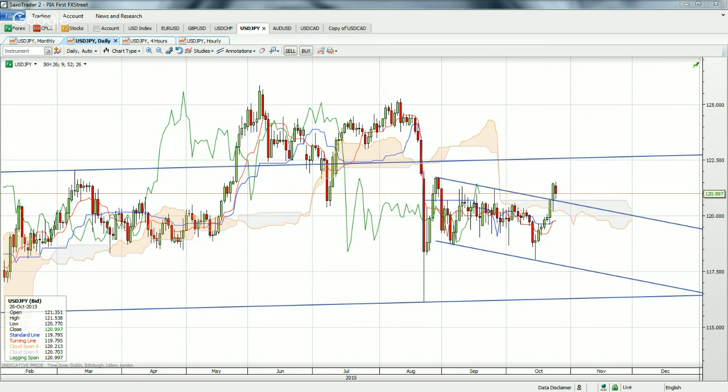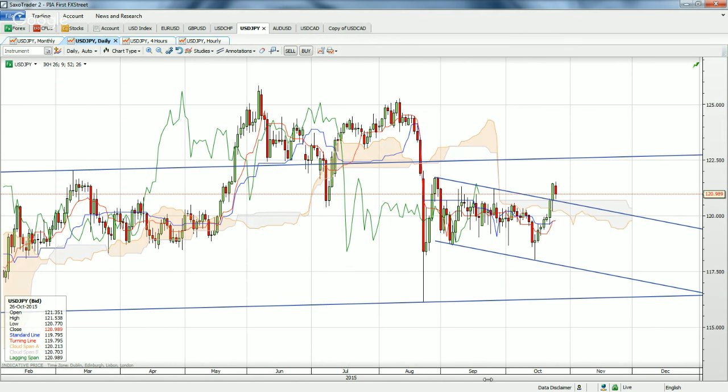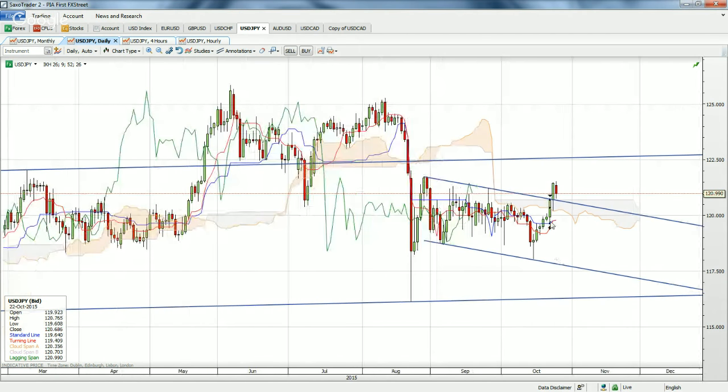Just trying to get my charts working on the next screen. So basically, the reason that we posted a buy trade recommendation this morning is because we have a continuation candle in this channel. We've got one of these bullish outside bars, but it's in the middle of a trend.